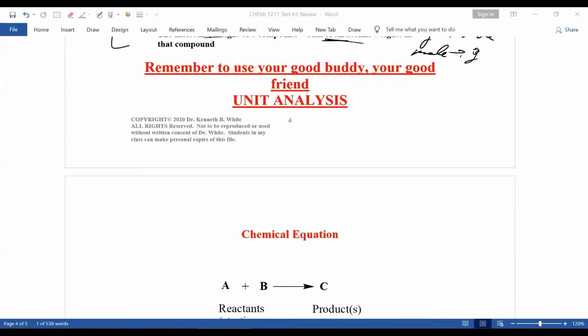One mole of a compound equals the molecular weight in grams of a compound. Go.